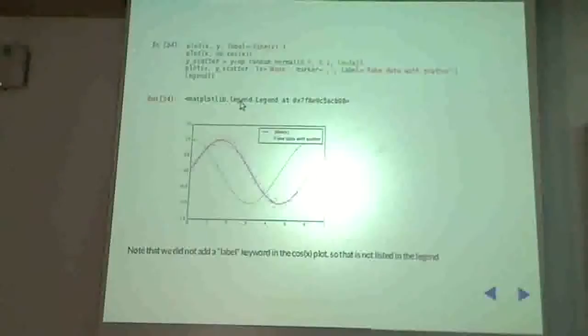There are also ways, which I won't go into, in which you can create a box by hand and then write whatever text you want and put whatever symbol you want. This is just a way of simplifying your life so that it's all automatic. You don't make any errors. You don't have to do it by hand. So both fake data with scatter and sine of x have appeared here because they were put as labels to the curve.